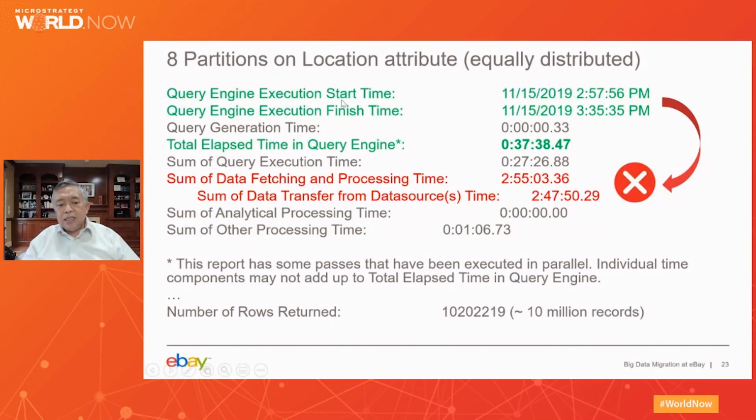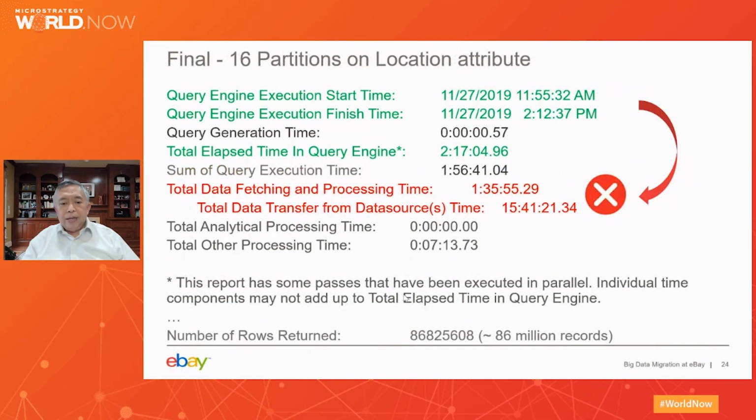At the end, the customer doesn't want to bring just 10 million. This is their actual target. They decided they wanted to bring 86 million. This is more than a few months, actually. We still keep the location attribute because the location attribute is independent of the time dimension, as you can imagine.